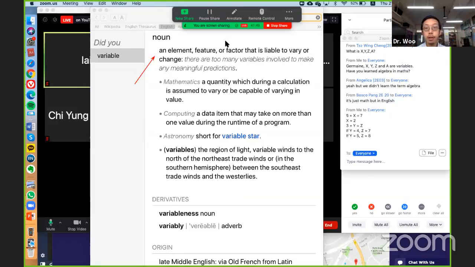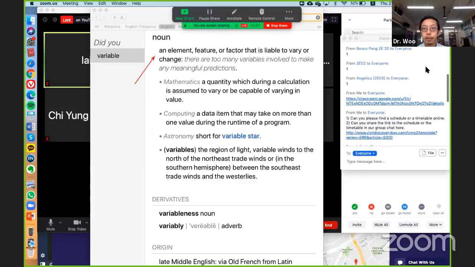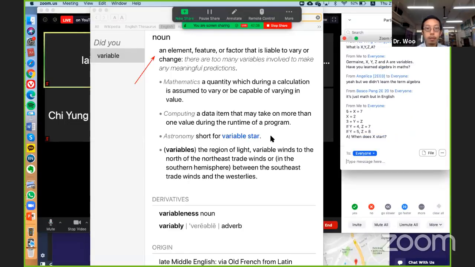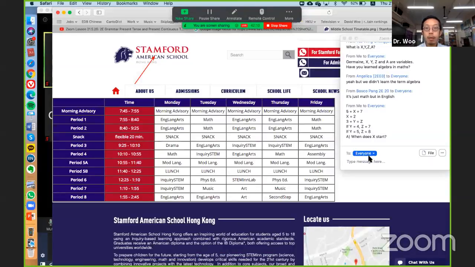So for instance, Jermaine, going back to my questions: When does X start? And if we take a look at our timetable, X can be anything.